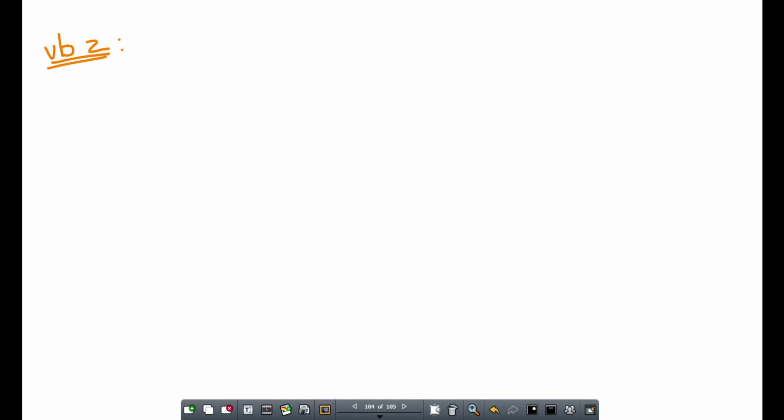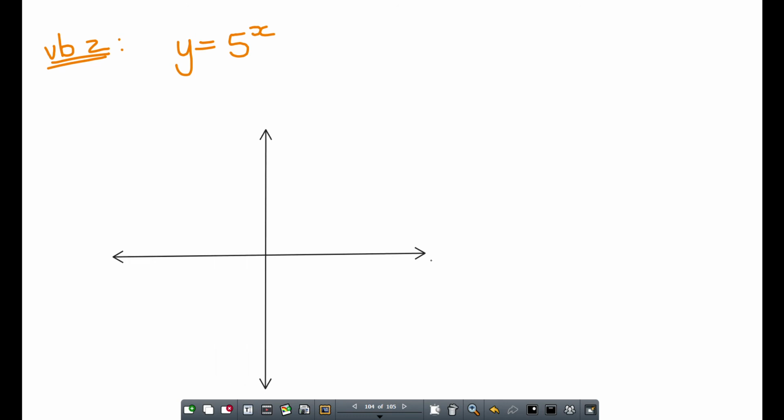Okay, so example 2, y is equal to 5 to the power of x. Daar's my grafiek. Y en x. Okay, so kom ons kyk gou heel eerste.